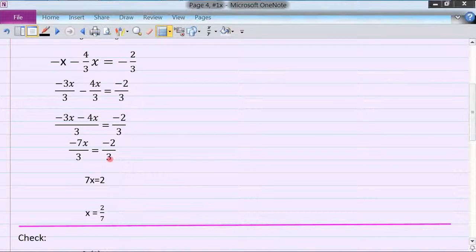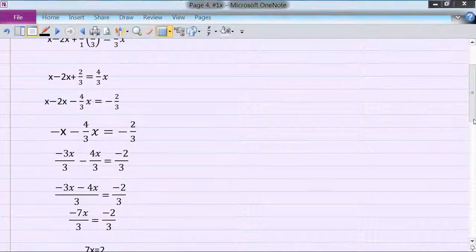And now if the bottom equals the bottom, the minus 7x equals the minus 2, which is the same as saying 7x equals 2. Divide this by 7 and divide this by 7. 7x divided by 7 is x. 2 divided by 7 is 2/7.